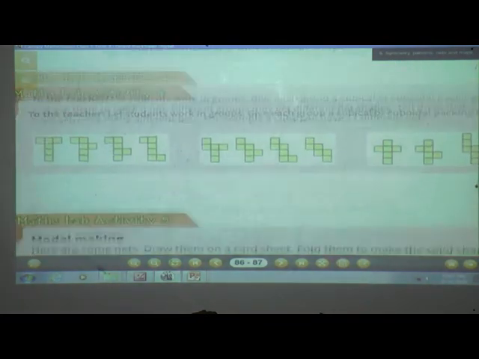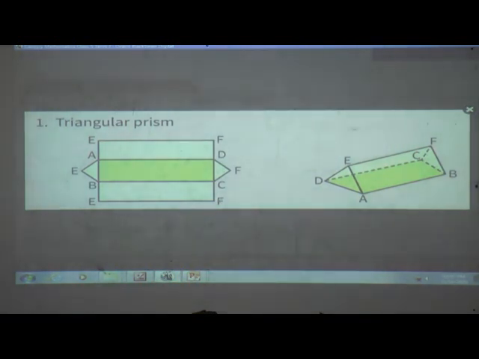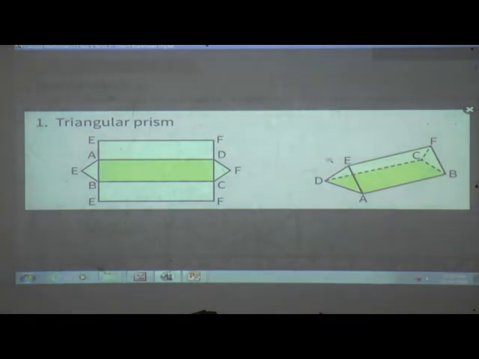Now see, here they have given us one activity. Here are some nets. Draw them on a card sheet and fold them to make a solid shape.